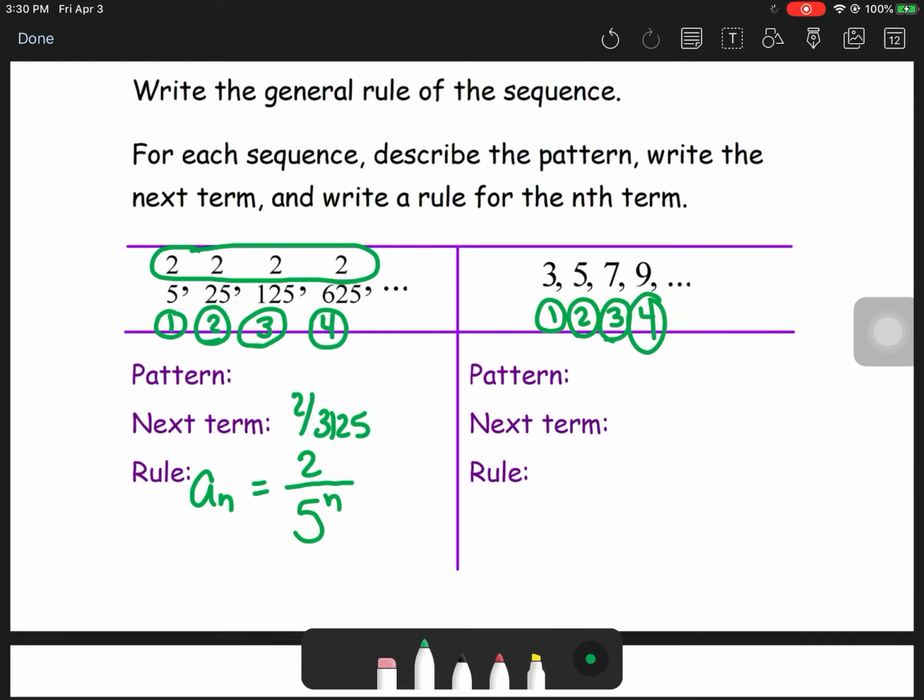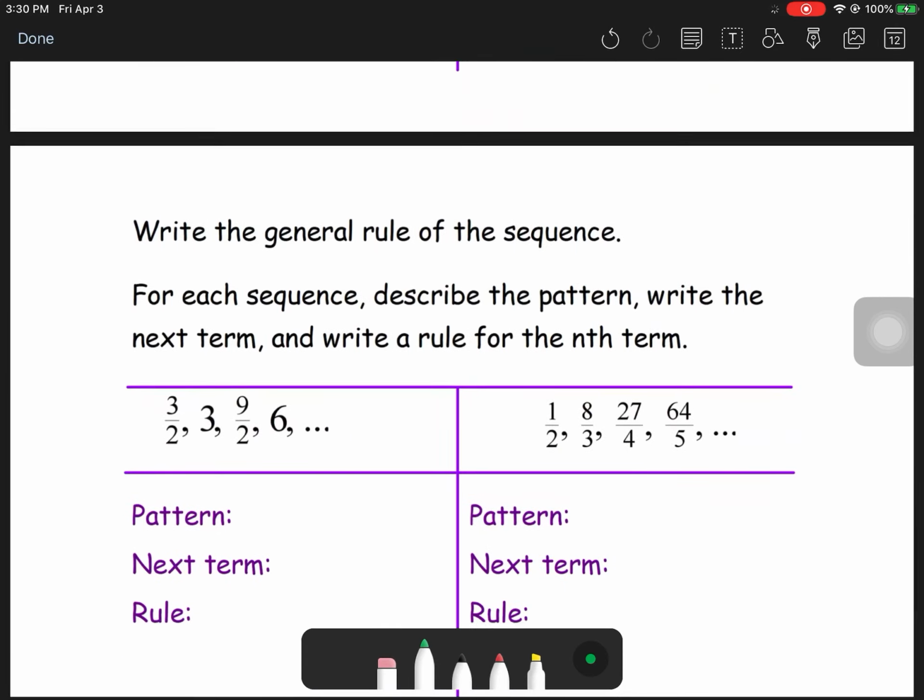So basically, we're taking the number times 2, and then we are adding 1. So 5 times 2 would be 10, and we add 1, and we get 11. So the rule is going to be that I take the number of the term I'm on and I multiply by 2, and then I add 1 each time.